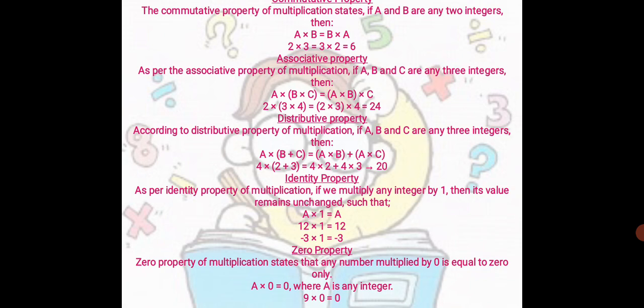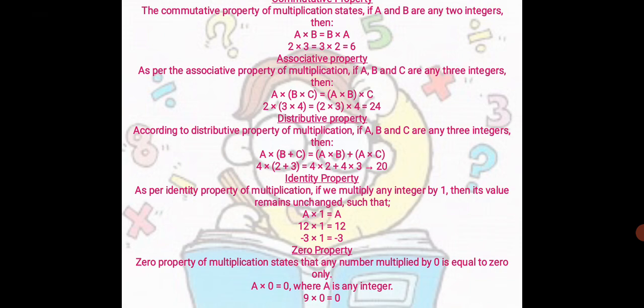A into B plus C can be written as A into B plus A into C. Whatever result you get from A into B plus C, you will get the same result from A into B plus A into C.